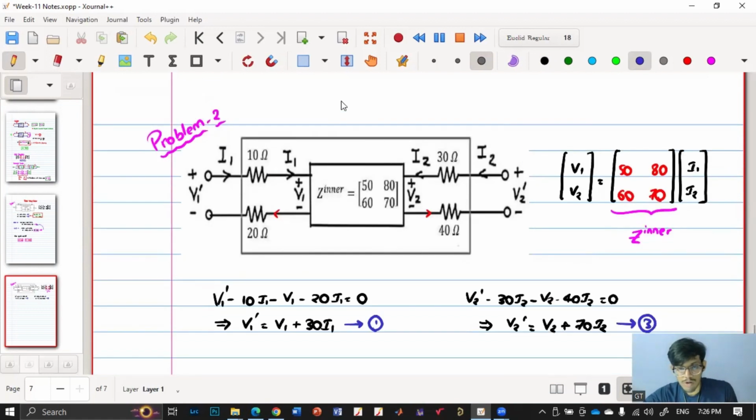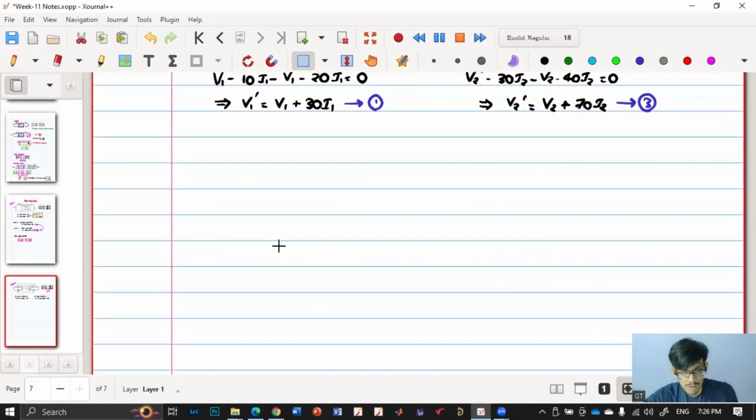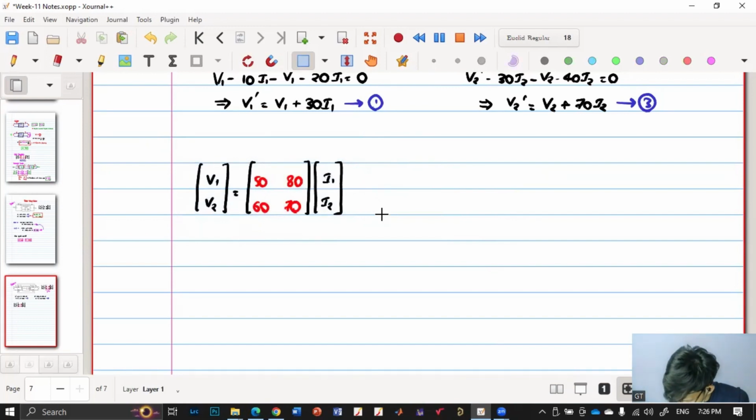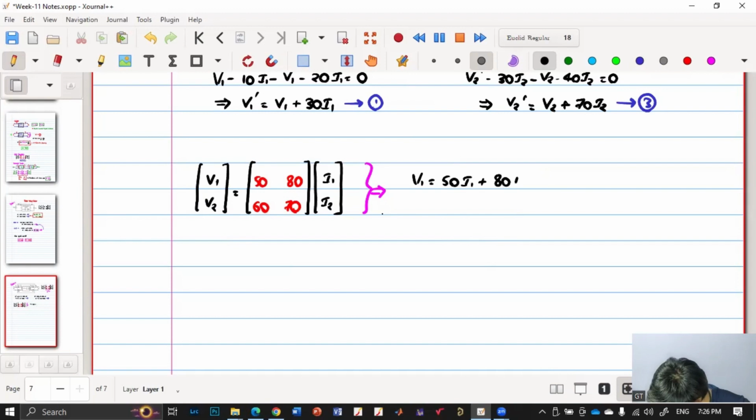Okay. So now if we take this expression, from here I'll get V1 and V2 in terms of I1 and I2, right? V1 equals 50 I1 plus 80 I2, and V2 equals 60 I1 plus 70 I2.